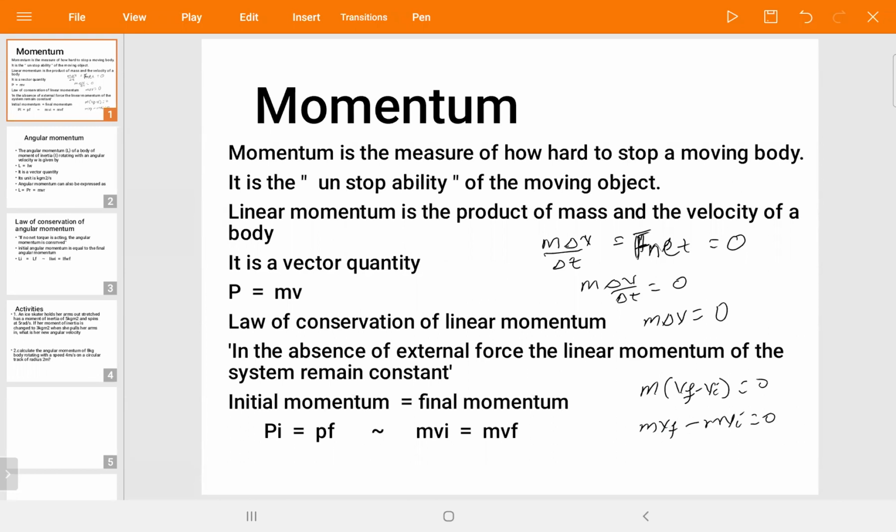But m times v final is the final momentum, and when we bring m v initial to the right side, m times v initial becomes the initial momentum. When the initial and final momentum are equal, that is constant, this condition is called the law of conservation of linear momentum. Therefore, momentum is conserved.